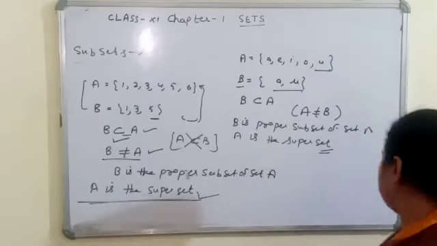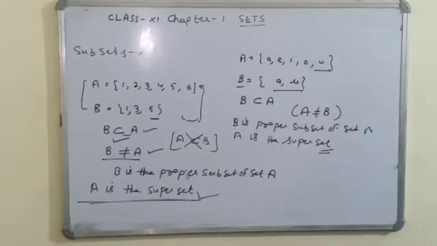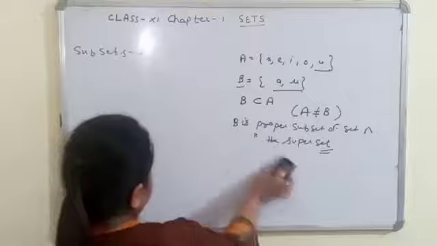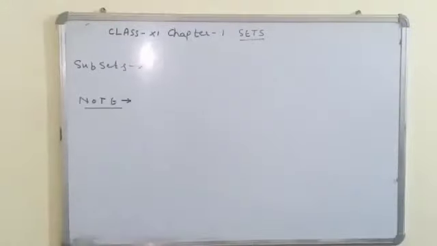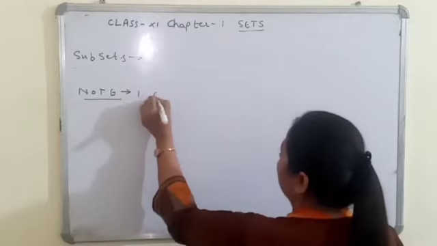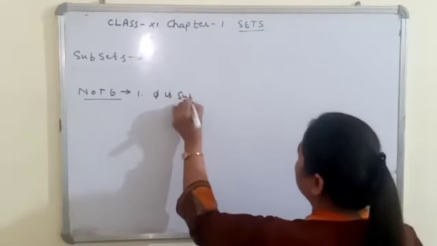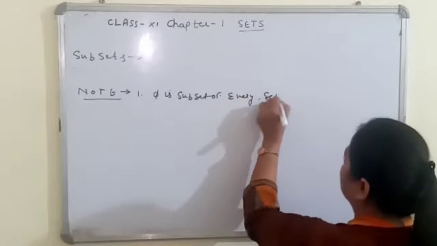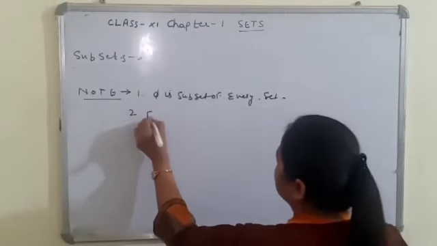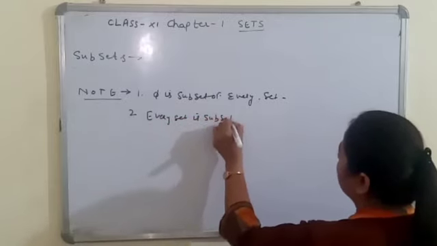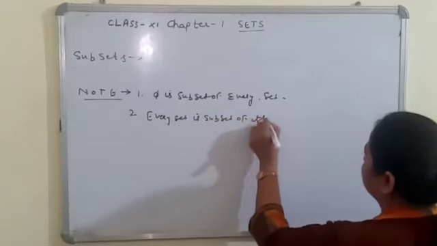Now I am going to write some important notes regarding the subsets. Some important notes regarding the subsets are: first one is phi is a subset of every set. Second one is every set is a subset of itself.